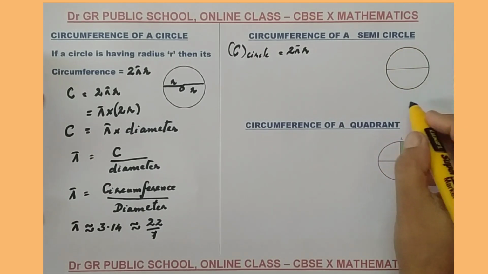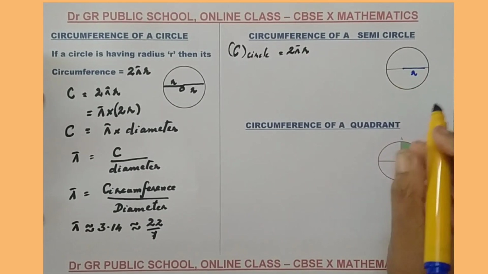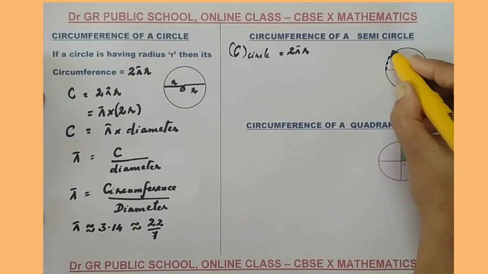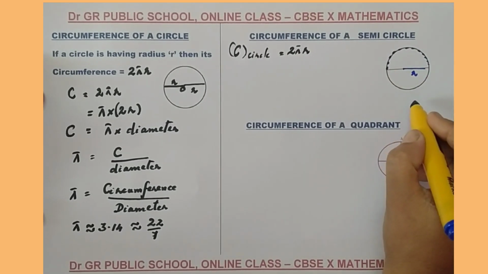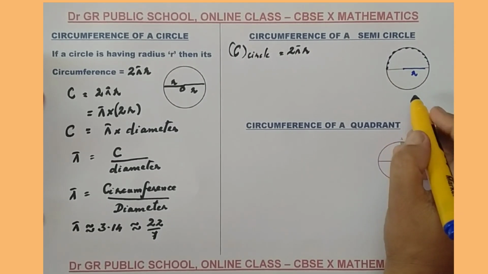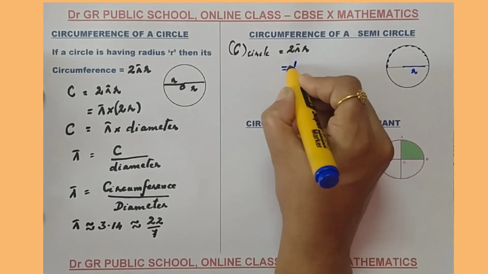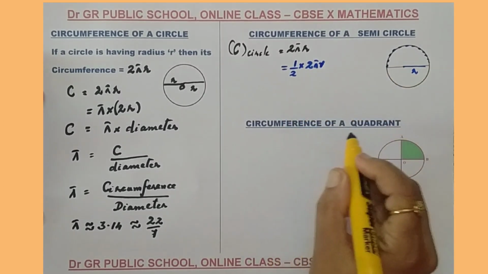The whole circumference for a circle having a radius r, you can take as 2 pi r. Half of a circle is called a semicircle. So if I consider this much only, the half of the circumference will be equal to half of 2 pi r. Am I right? But that is not the whole boundary.